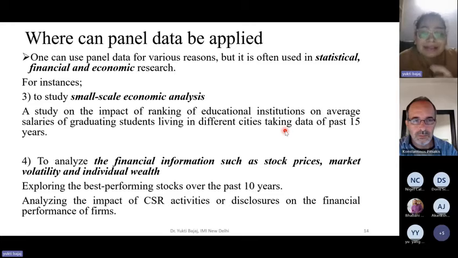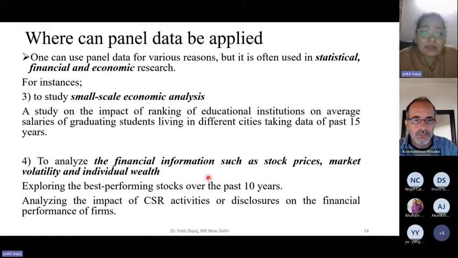You want to invest in either one or two, so you would like to look at how these stocks are performing, so that I am able to invest in the best of the two. For that, you need to investigate the performance of all these 10 stocks for a certain number of past years or days or quarters or things like that. So that's one area where we actually use panel data.